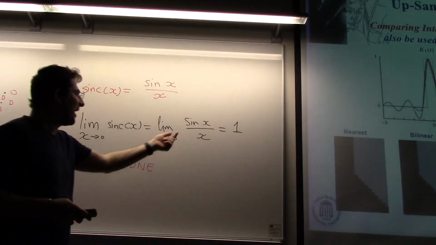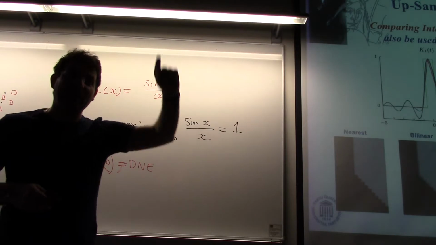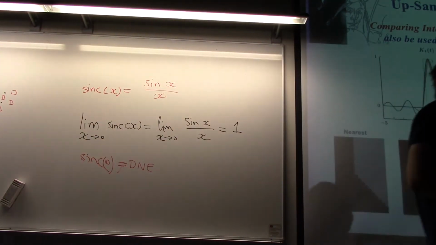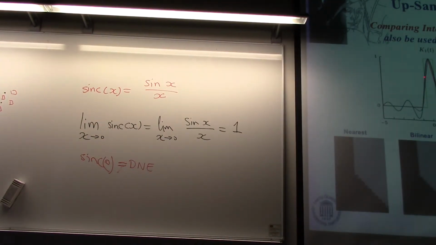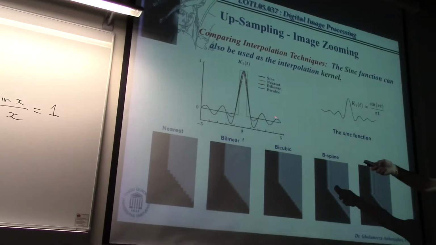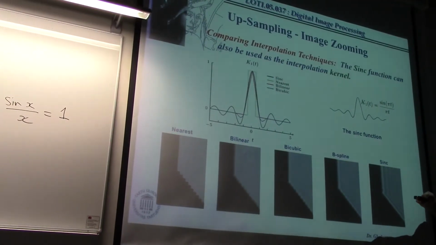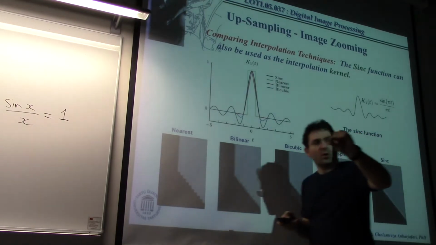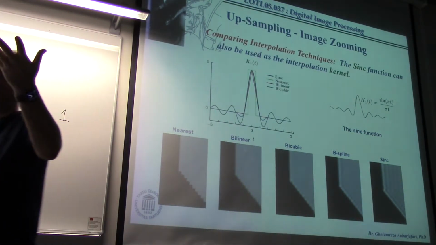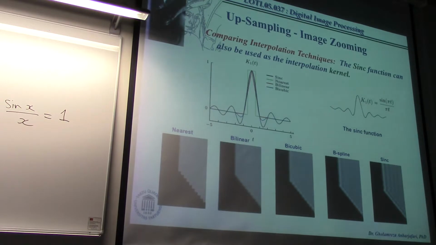I mean, come on, we have sine x, so it has the potential of being periodic. But as we go towards infinity, these ripples, these wings start to die, so the magnitude becomes smaller. So it's not periodic by the definition of periodic. But we understand that it repeats itself, at least the occurrence of the zeros or the going up and down, based on some period. So this is the sinc function.